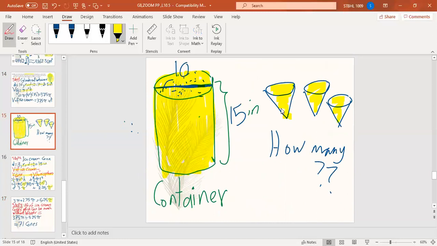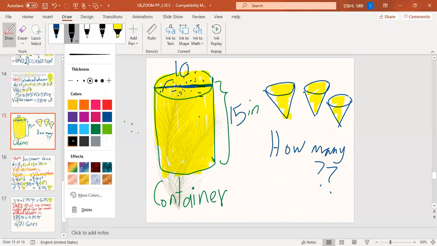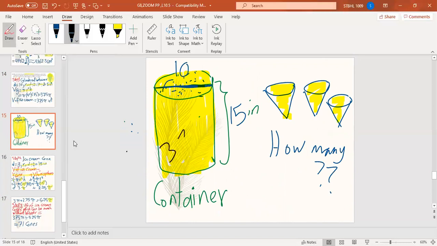And step 3 now, we need to go to this figure again. Now we know the volume of all of the ice cream in this container, which is 375 pi. This is the whole volume of all of the ice cream. And the volume of one ice cream cone equals 5.25 pi.